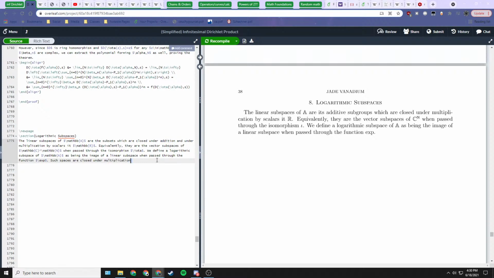So instead of being closed under addition, they're closed under multiplication, and by exponentiation by powers in the real number line.